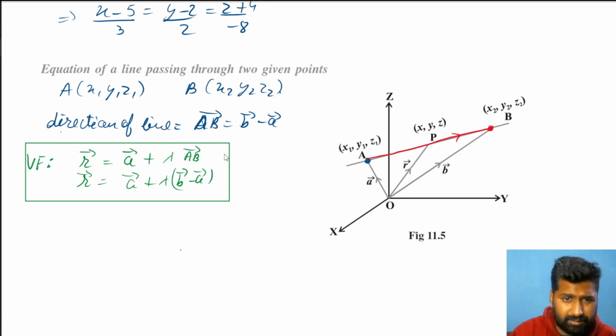It was not B. This is where the confusion is created. Earlier B was directly the direction. Here B is the passing point. So how do you learn the format? R vector is equal to passing point plus lambda times direction. Learn it like this. So now let me show you the Cartesian form also.